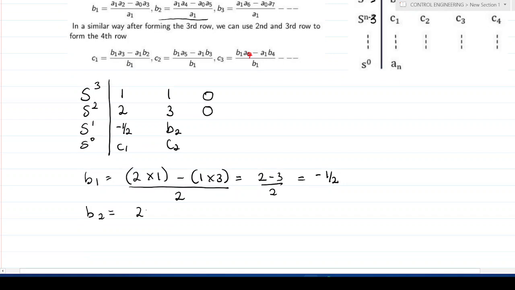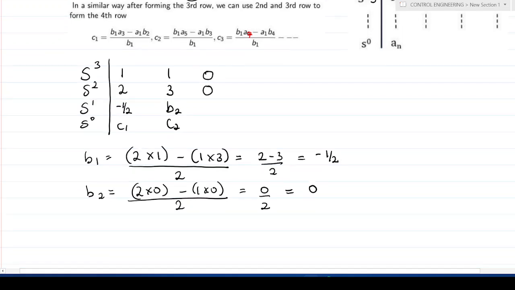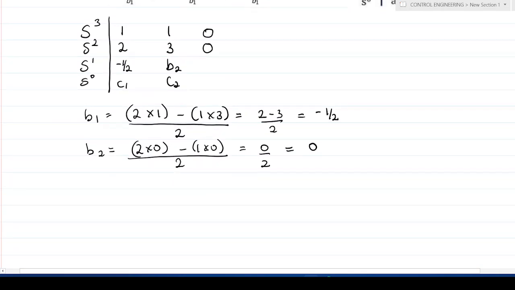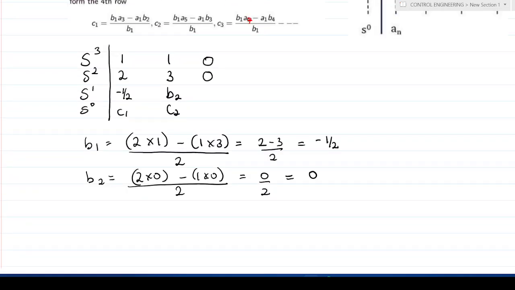So we're going to have 2 times 0 minus 1 times 0, all over a1, and a1 is 2. This is going to be 0 over 2, which is equal to 0. Before we go to the next step, let's replace b2 with 0.